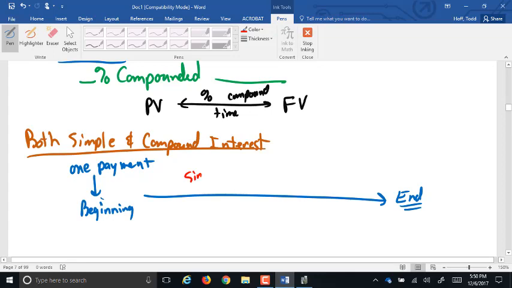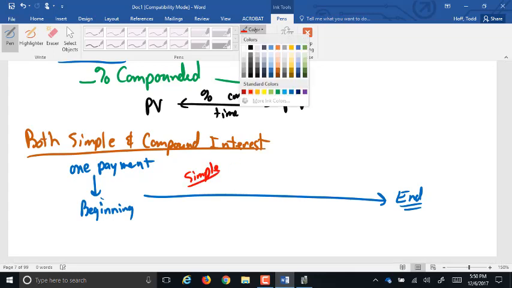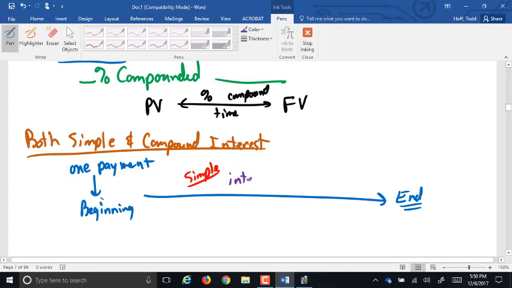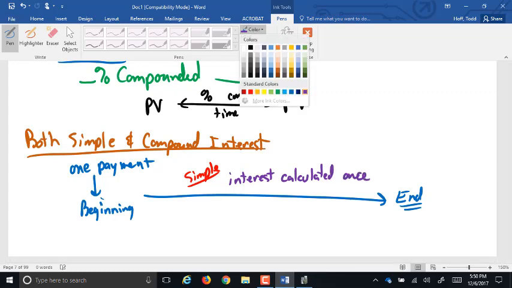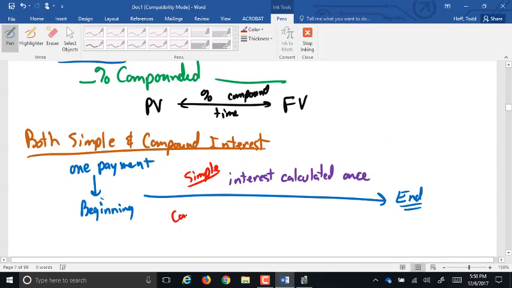For simple interest, of course, interest is calculated once. Compound interest, of course, interest is calculated regularly. We'll say interest is added regularly.